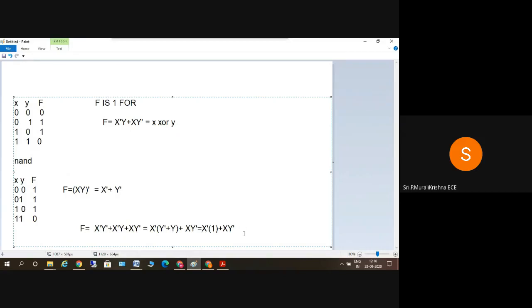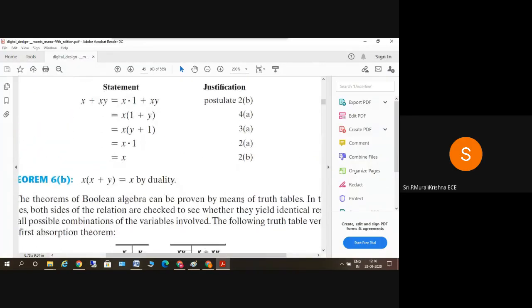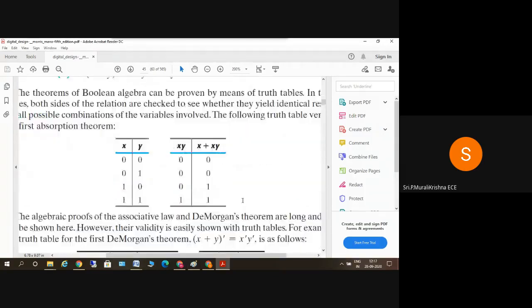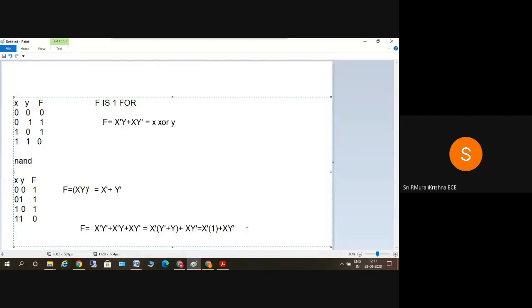X plus X bar Y is the thing, right? This is X plus XY.